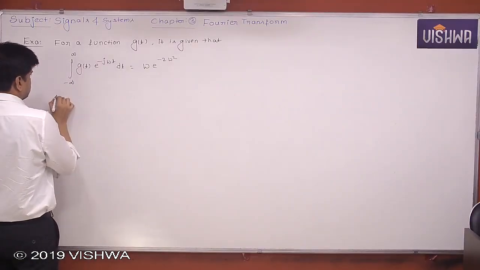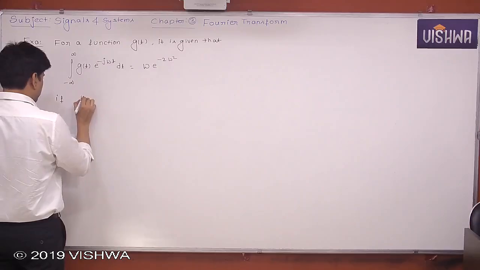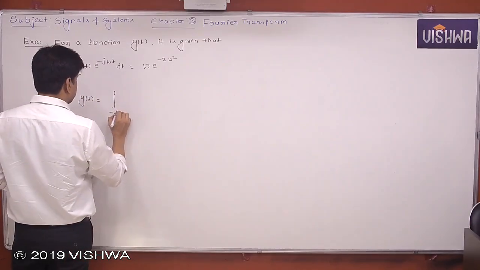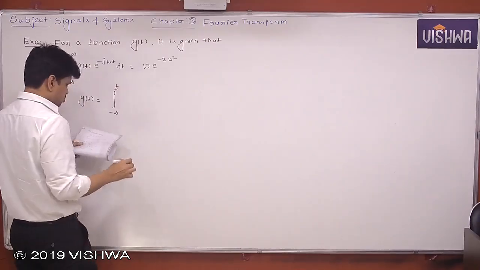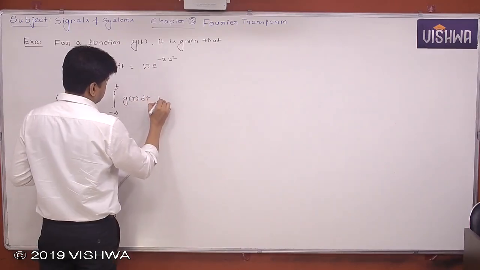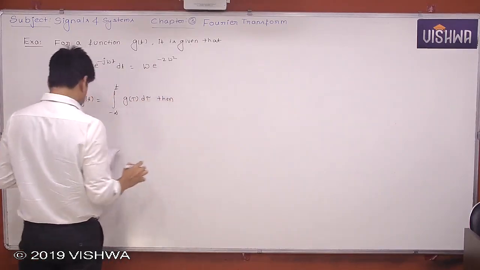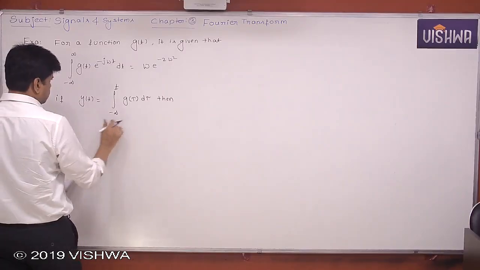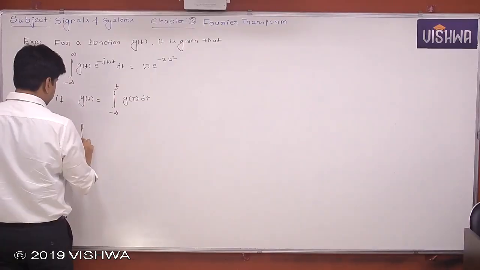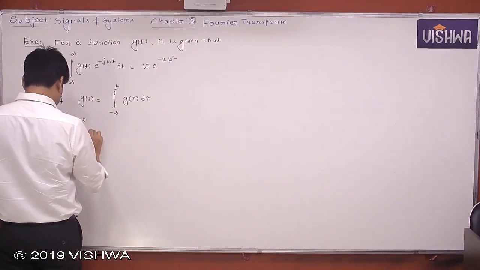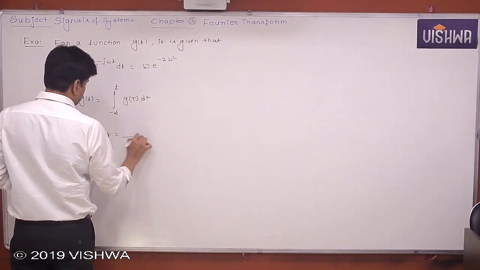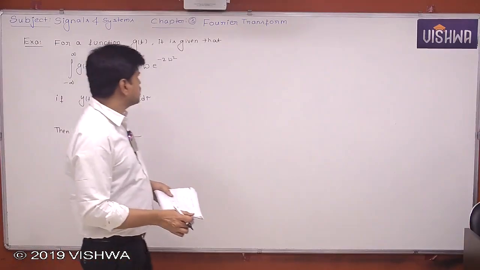If y of t is equal to the integral from minus infinity to t of g of tau d tau, then the integral from minus infinity to infinity of y of t dt is equal to dash. So this is the question. Take it.